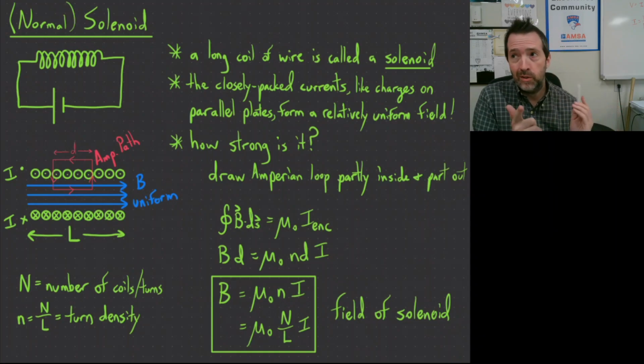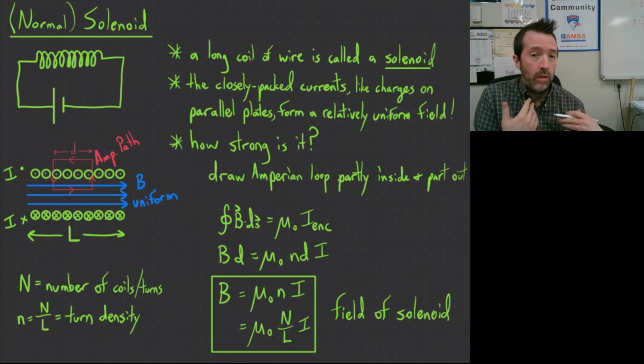We use them in circuits to store energy. They have growth and decay behaviors in circuits. All of those things also apply with solenoids, except we're making a magnetic field by arranging electric currents. It still has time-varying behavior in circuits. It still stores energy in circuits. Still makes a uniform field, etc.